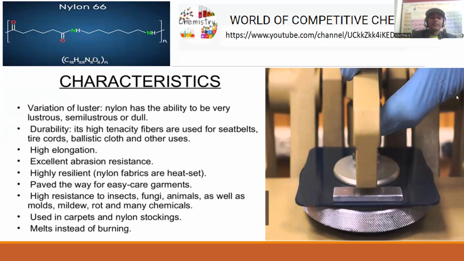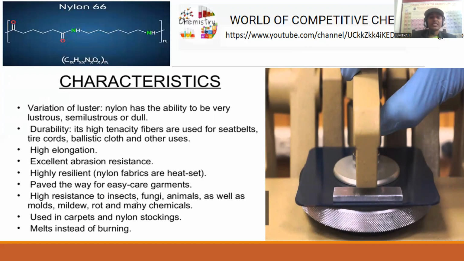These are very hard and tough materials. They pave the way for easy care garments. So already we know, since elongation is extremely large, they are threading agents for garments and the textile industry. So we are using the synthetic fiber for the manufacturing or fabrication of clothes.